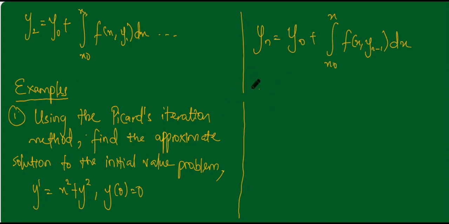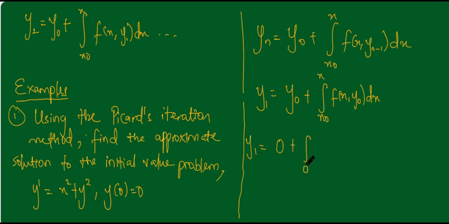So y1 now will be equal to y naught plus the integral between x naught and x of f(x, y naught) dx. So now we have our y1 to be equal to our y naught, which we were told was 0, plus our x naught, which is also 0, of f(x, y naught) dx.